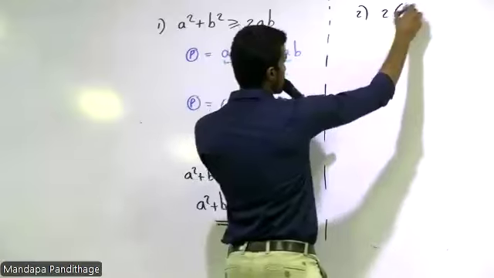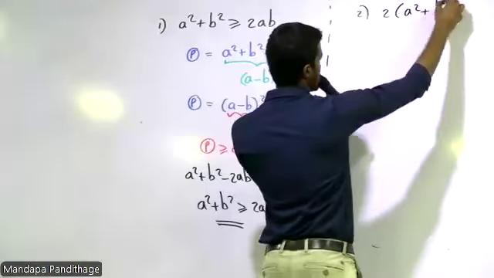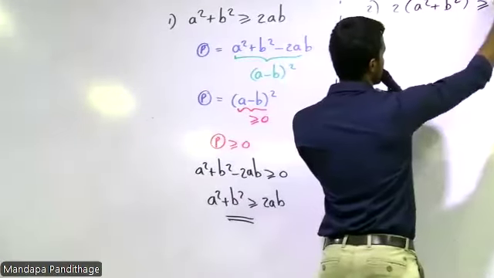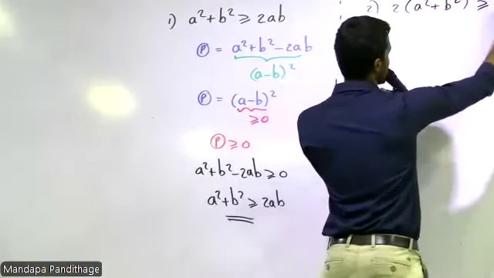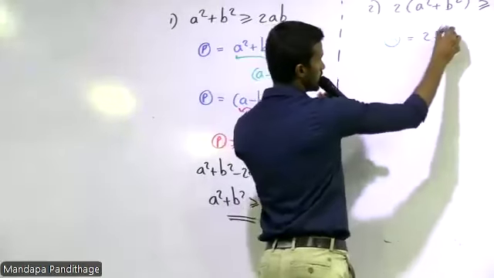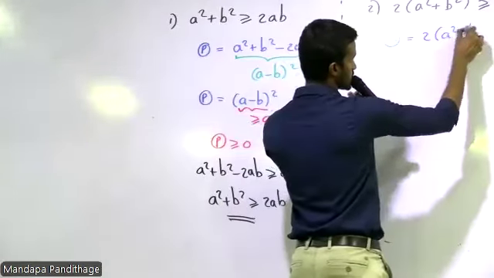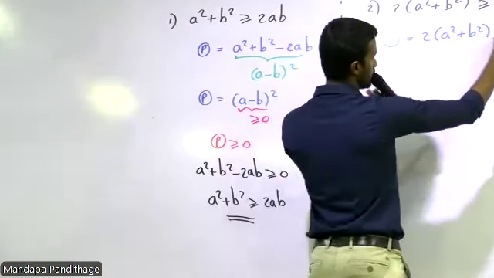So this is 2 times a squared plus b squared is greater or equal to a plus b squared. Even when you simplify, you end up in the same place. M is equal to 2 times a squared plus b squared minus a plus b squared.